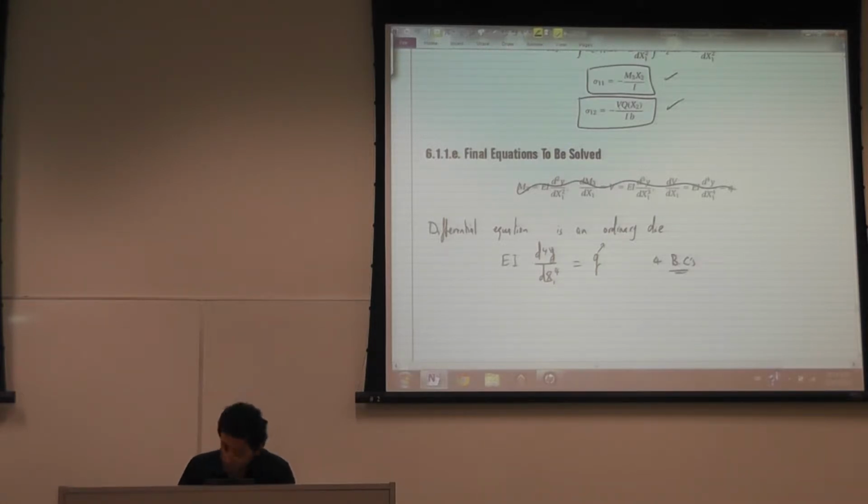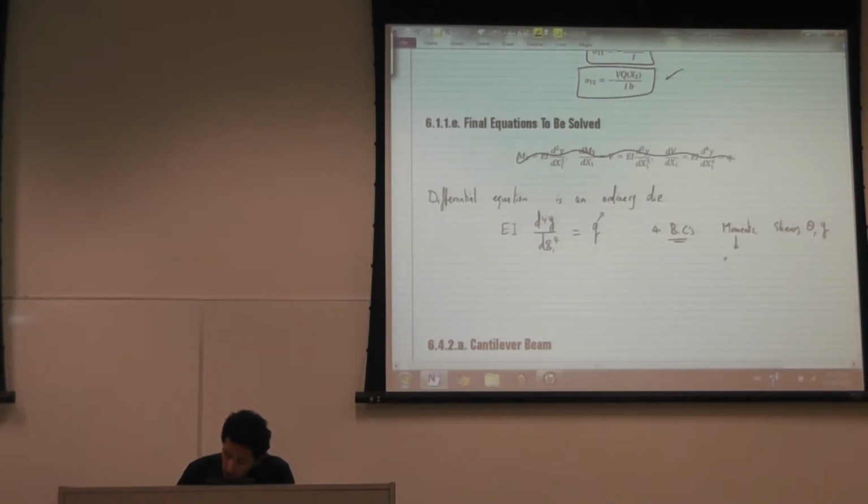The four boundary conditions are usually given in terms of moments, shear, rotation, or displacement itself, where the moment is related to the second derivative of y, because M is equal to EI d2y by dx1 squared, or the shear, which is basically nothing but the third derivative of the displacement.